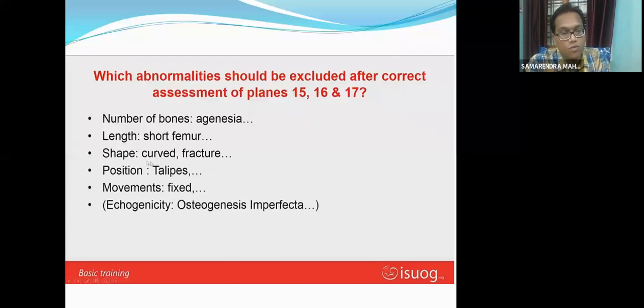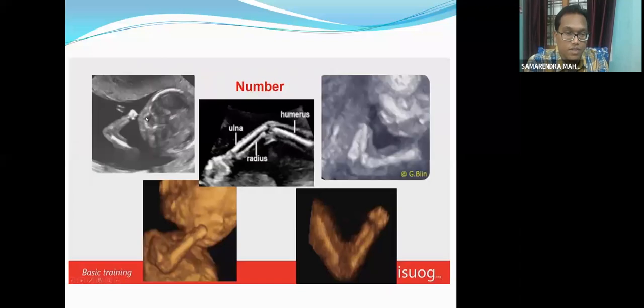In length, we can examine the shortness of the femur and other long bones; in shape, whether it is straight or curved or a fracture is there. In position, whether normal alignment is there, or any kind of fixed deformity like talipes or claw hand is present. In movement, we should examine whether it is fixed or not, and the echogenicity. In some cases the bone is hyperechoic, and in some cases hypoechoic.